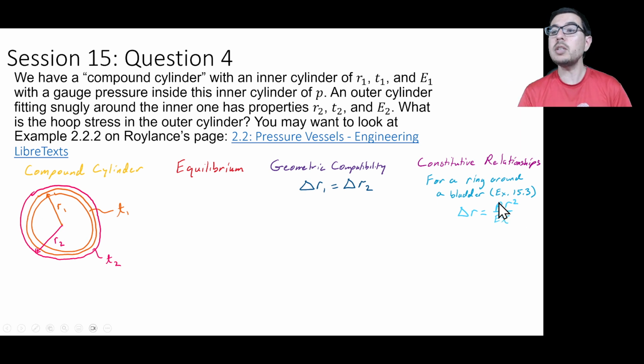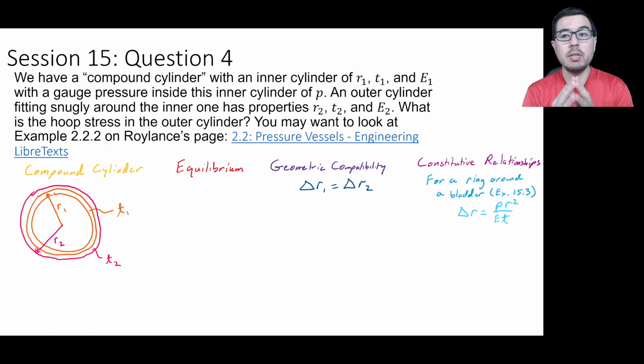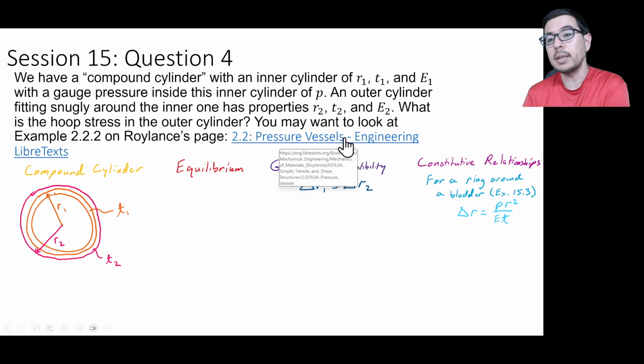This is a constitutive relationship because it's telling us how the deformation is related to the loads in the system and a material property, namely the elastic modulus. You can take a look back at this in the notes or in our session.